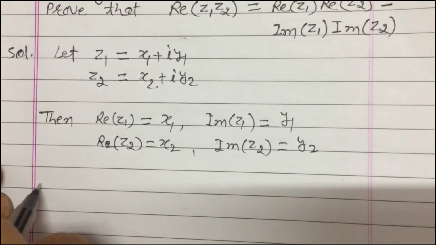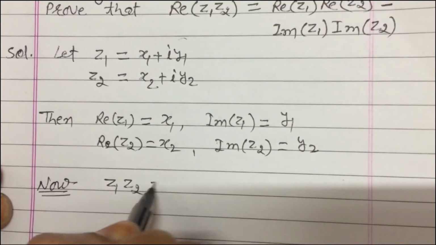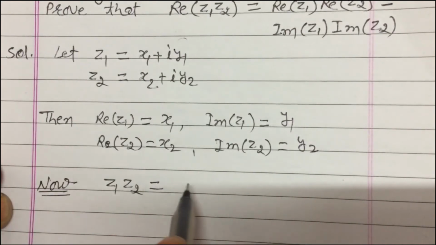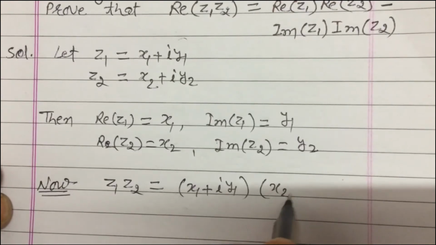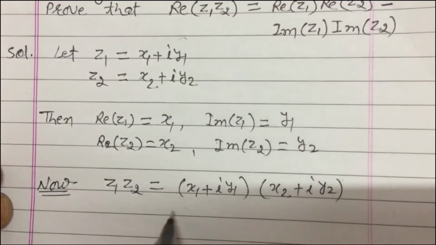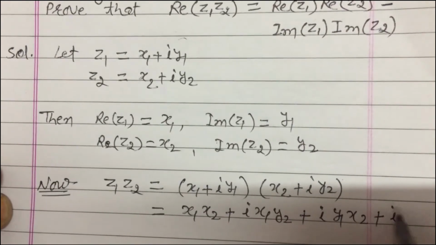Now find z1 into z2. Here z1 is x1 plus i y1, z2 is x2 plus i y2. Multiply these two terms, you will get x1 x2 plus i x1 y2 plus i y1 x2 plus i square y1 y2.